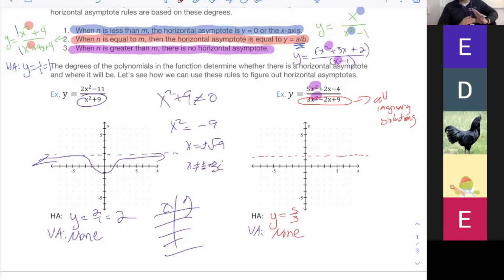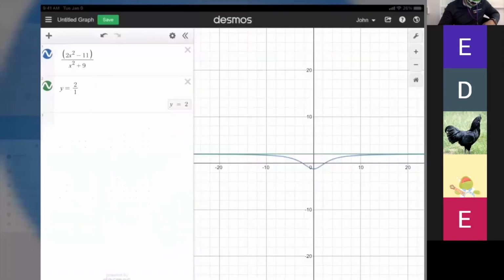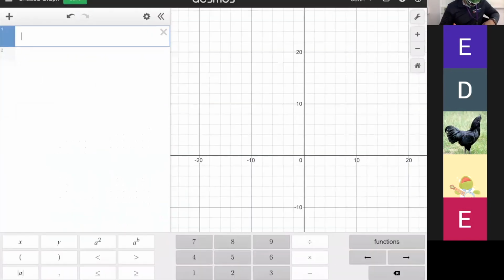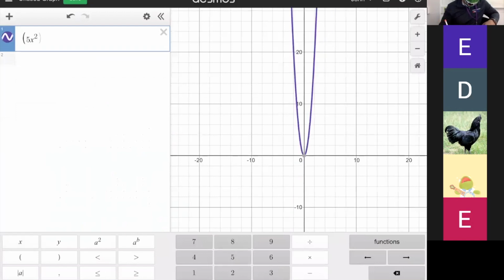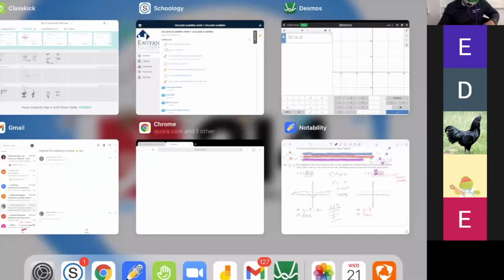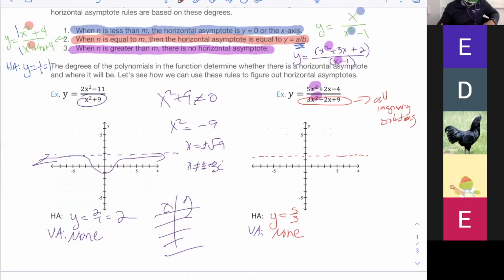But first things first, when you get a question like this, go right to Desmos. So 5x squared plus 2x minus 4, divided by 3x squared minus 2x plus 9.